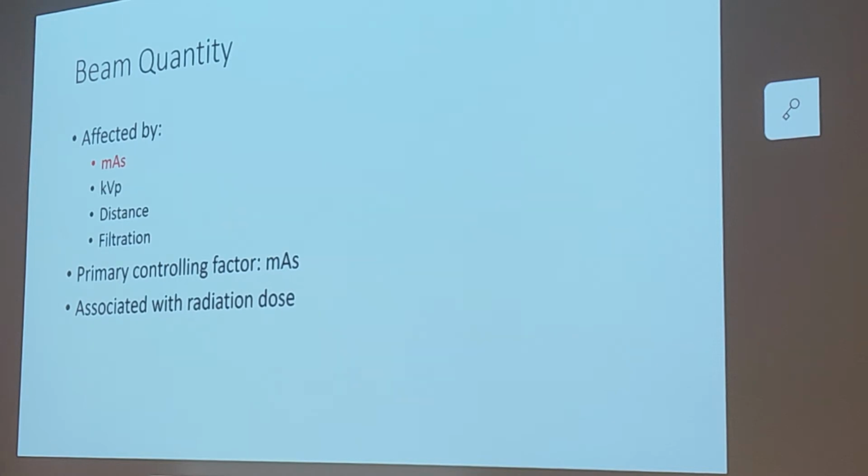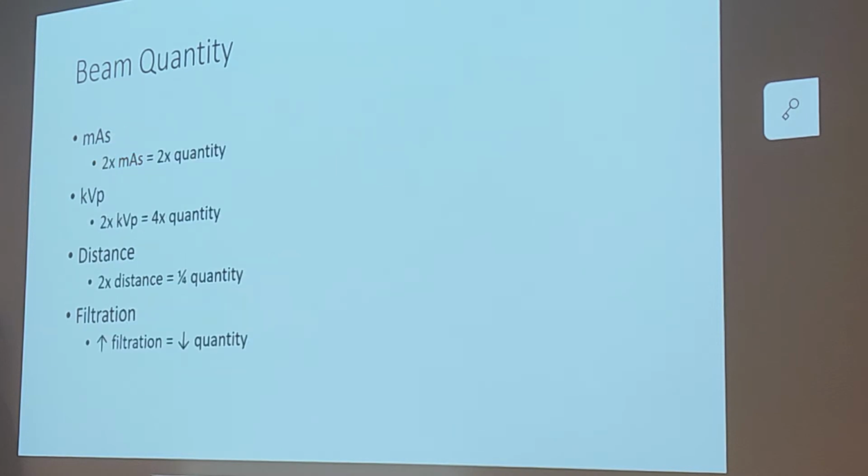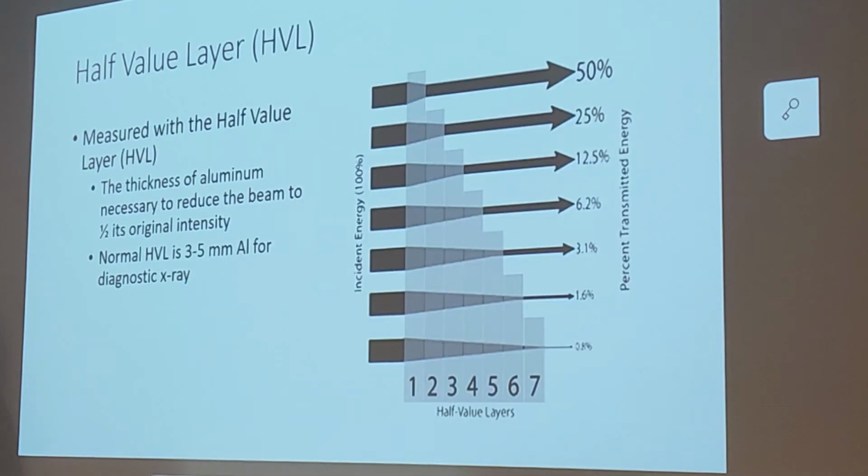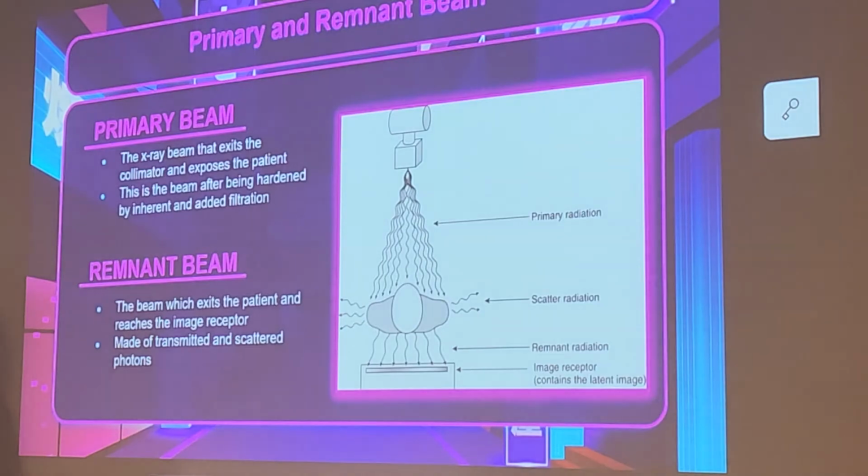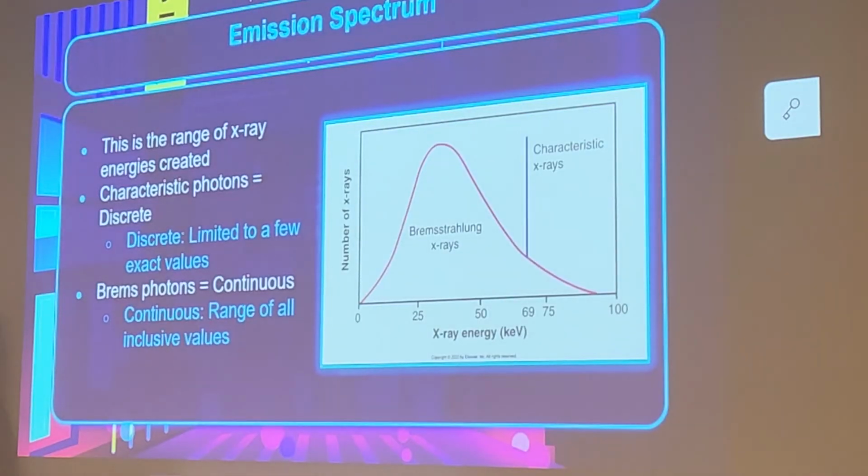And then bremsstrahlung interactions are the interactions that typically produce the most photons. Correct. Very good. Any other questions? You said kVp affects both? kVp affects quality and quantity, yes.